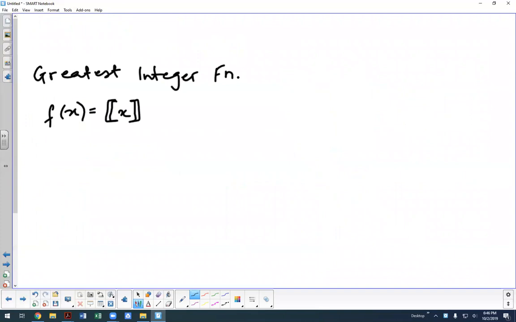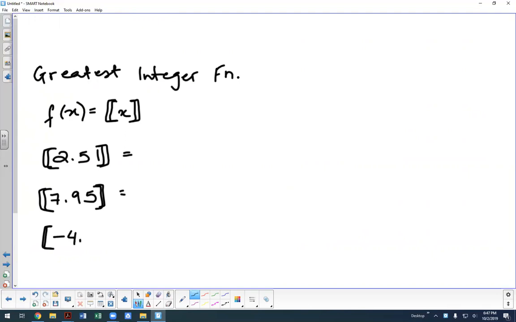If we give you 2.51, what would our greatest integer be, which is less than or equal to the number that you have in the symbol?